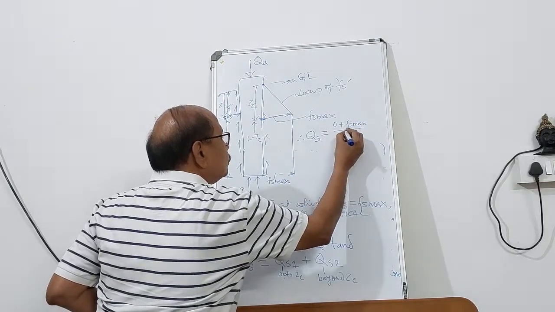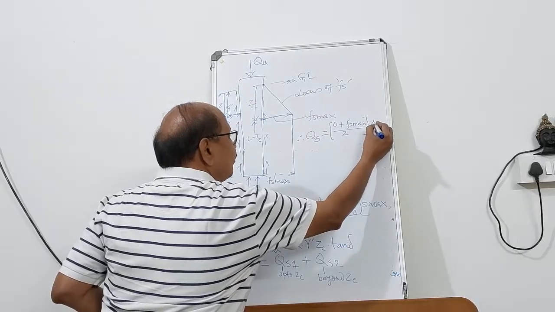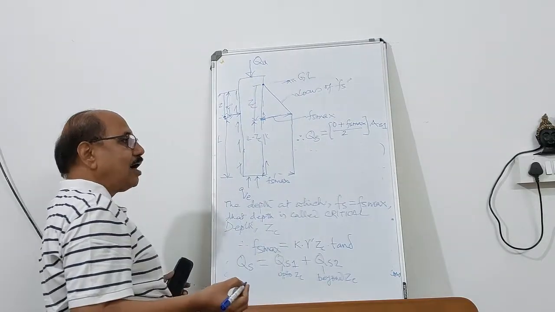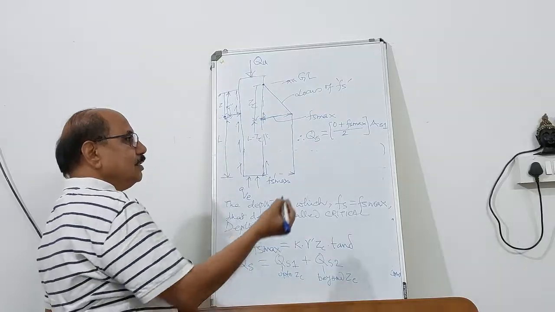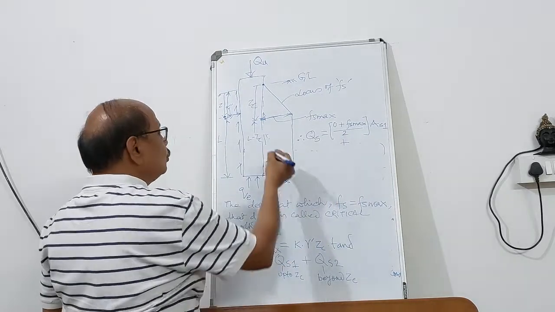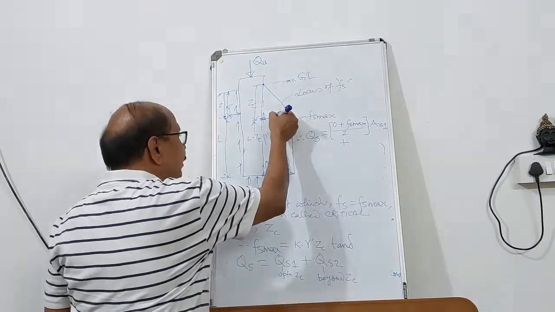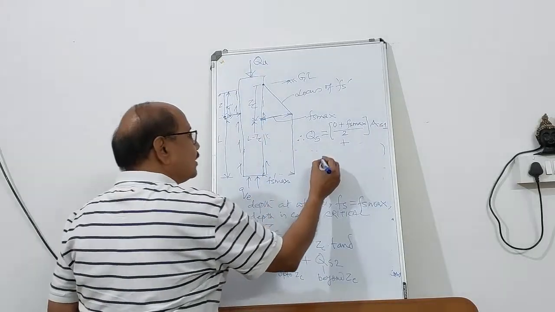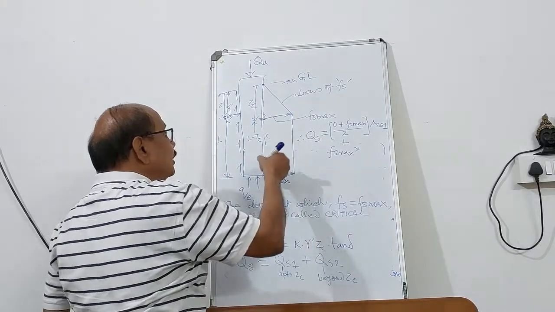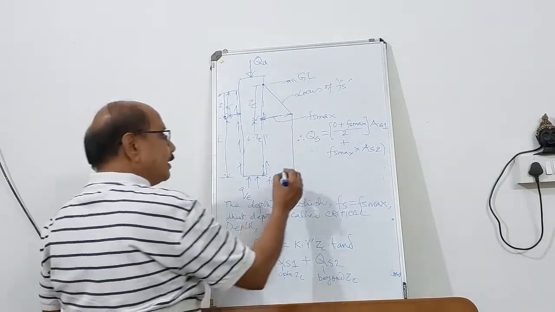So take the average, divided by 2, multiplied by the shaft area As1, that is up to Z critical, whatever is the shaft surface area, plus Qs2, which is for the remaining depth, and for the remaining depth the skin friction is going to be Fs max, so it is going to be Fs max multiplied by the area beyond Z critical, As2.